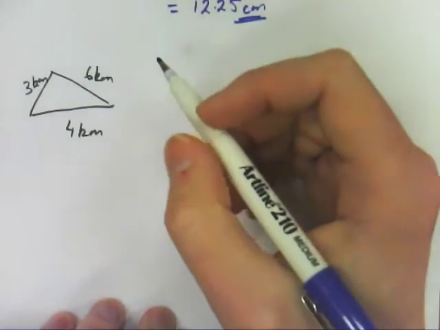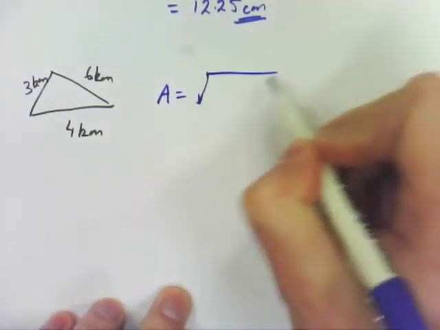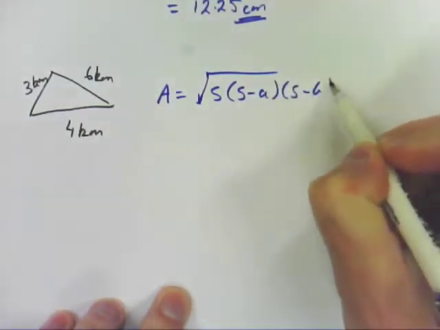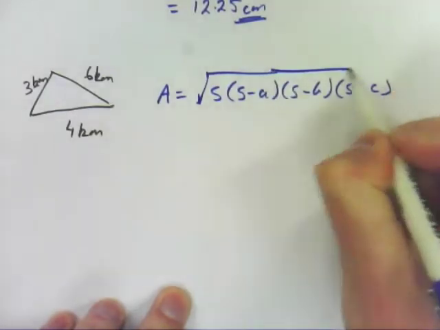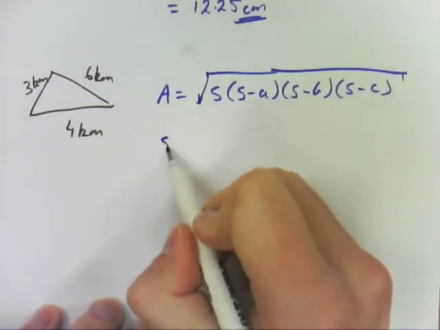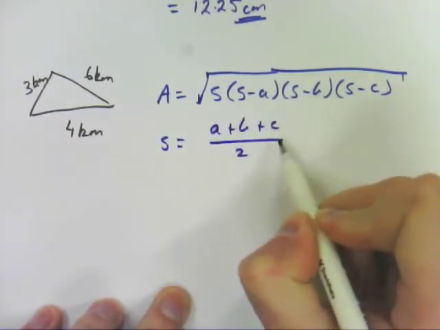In this last example here, we use the formula area equals the square root of s minus a, s minus b, s minus c. So the first thing I'm going to do is work out s. So s equals a plus b plus c, all divided by 2.